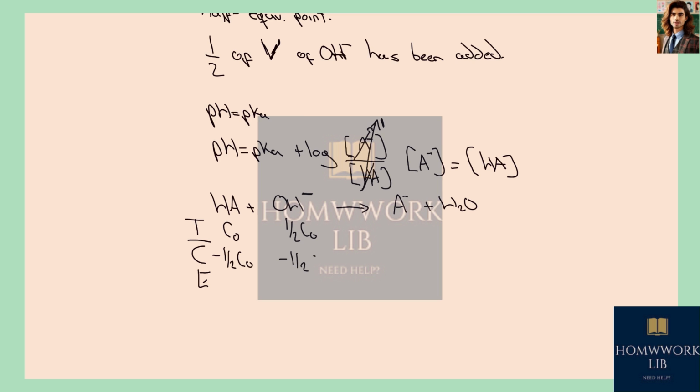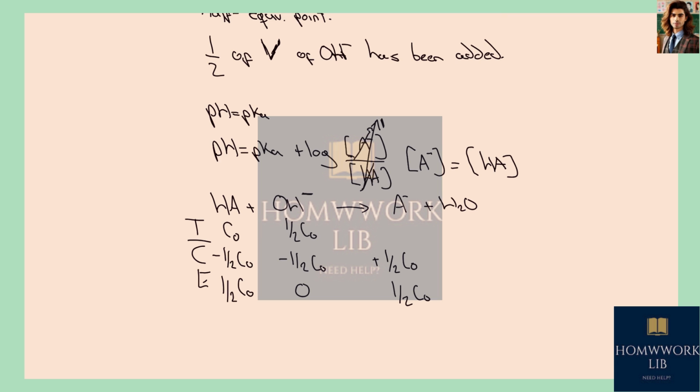The limiting reagent is OH minus, so the amount of change is according to that. So at equilibrium, we're going to end up with 1/2 of C0, 0, and 1/2 of C0. The concentrations are the same. Half of the acid has reacted, and we are at the half equivalence point.